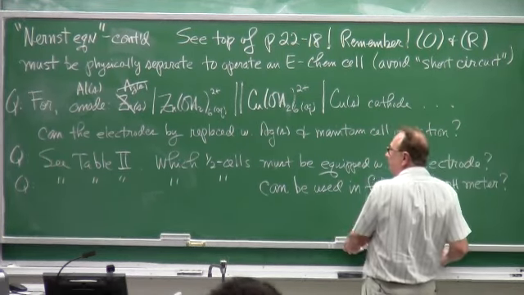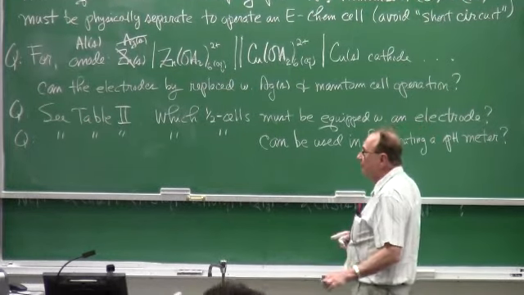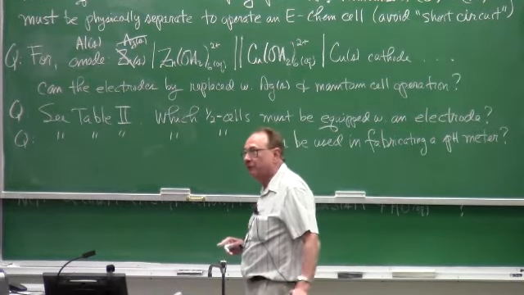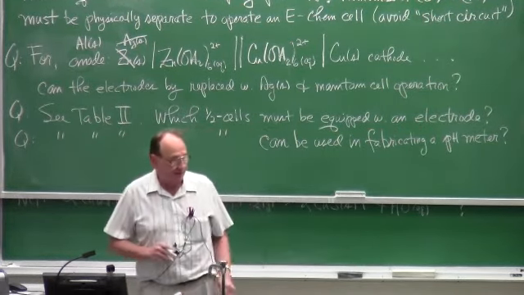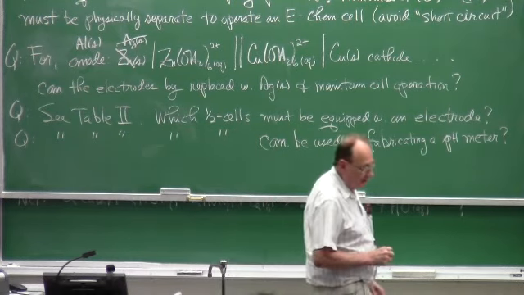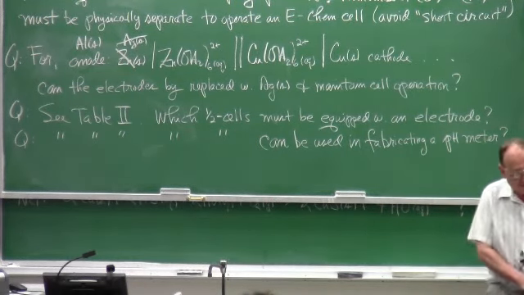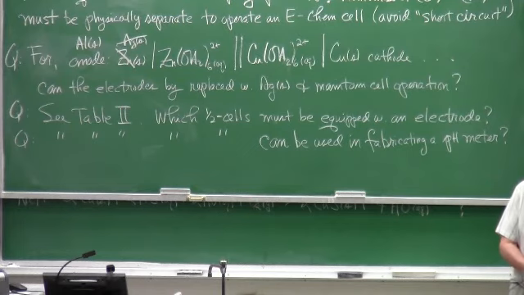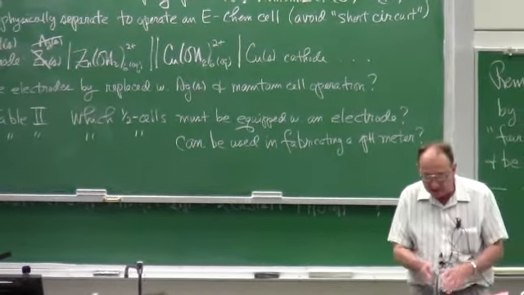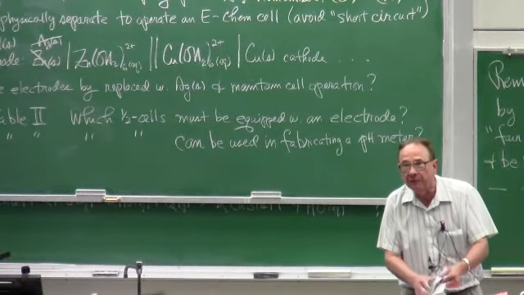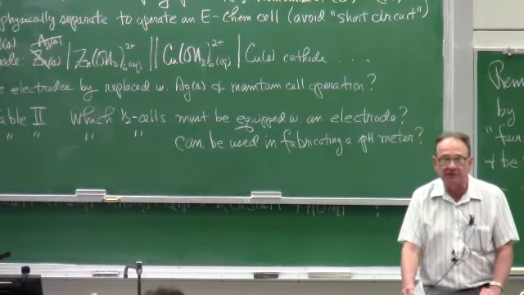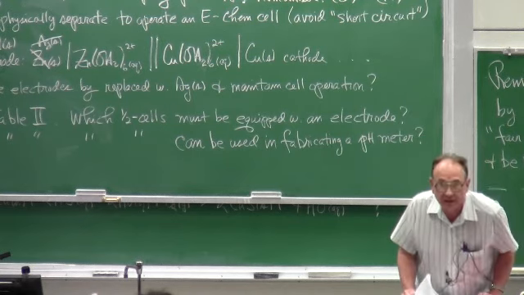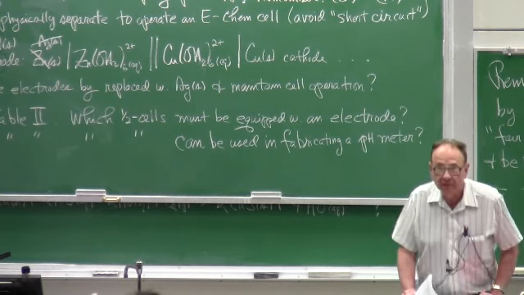Now, let's go one step further with this electrode consideration. Look again at Table 2, our table of half reactions. Do you see at a glance that there's quite a number of half reactions listed in this table, which in order to be part of an electrochemical system have to be outfitted with an electrode?